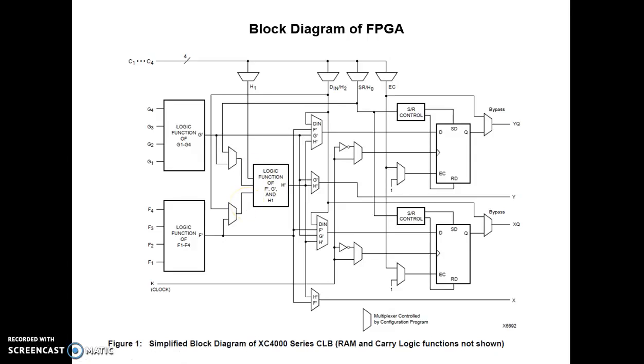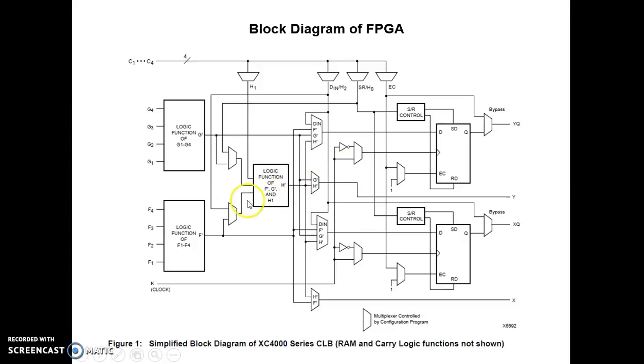0, 1, or 2 of these inputs can be the outputs from F and G and the other inputs from the other CLBs. The CLB can therefore implement certain functions of up to 9 variables, like parity check, expandable identity, comparison of 2 sets of 4 inputs.